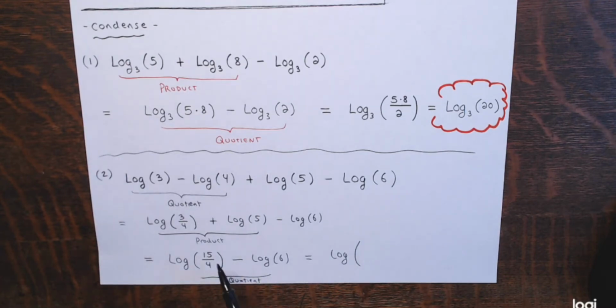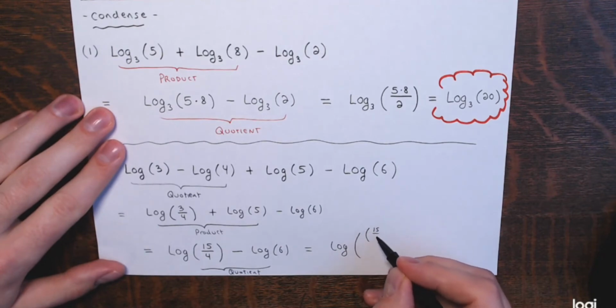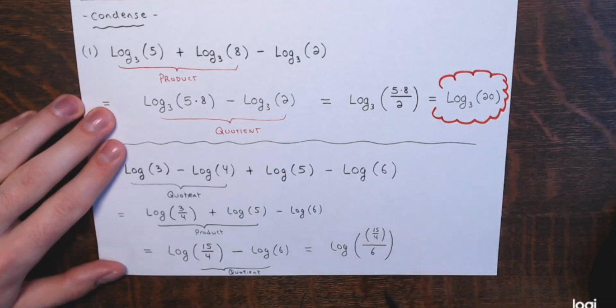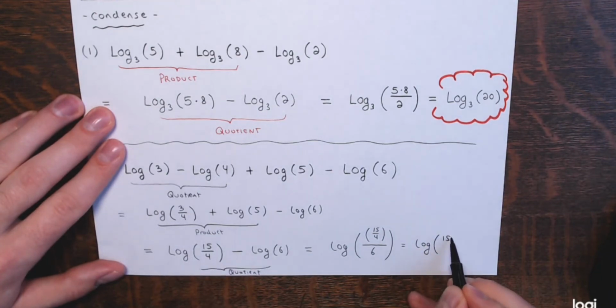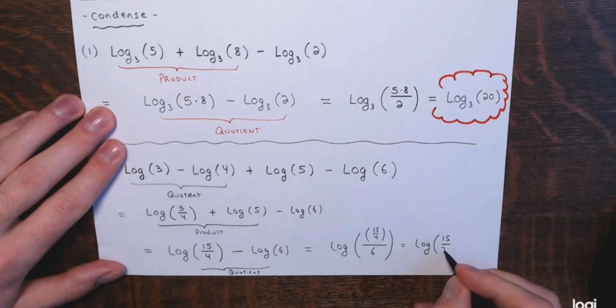So when you have 15/4 divided by 6, I mean, this isn't wrong, and then you can multiply the top and bottom by 4 to cancel the 4 up here. But dividing by 6 is the same thing as multiplying by 1/6. This would be the log of 15 over 4 times 6, you just multiply the denominator by 6. So this would be 15/24.